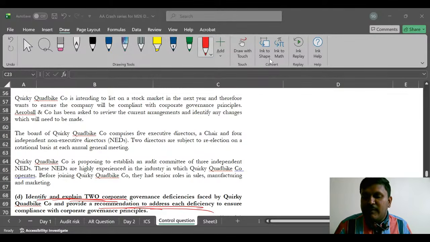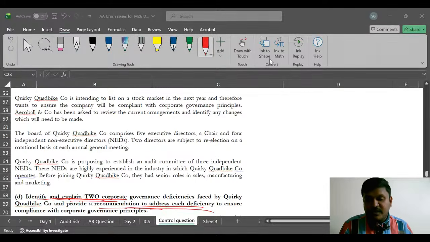Now, is there a balance problem in the board? Normally, one corporate governance deficiency could be that the balance of the board is not there, like the balance between executive and non-executive directors. So do we have a balance problem here? Yes, we have. It is 5 executive. Excluding the chair, we should have at least half non-executive directors.